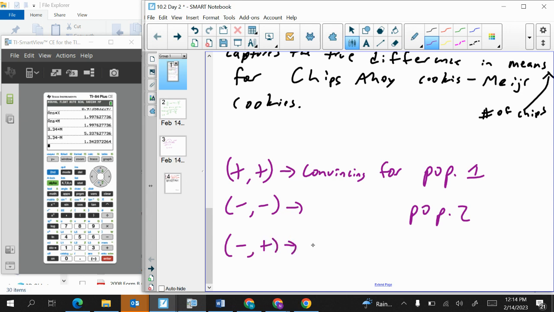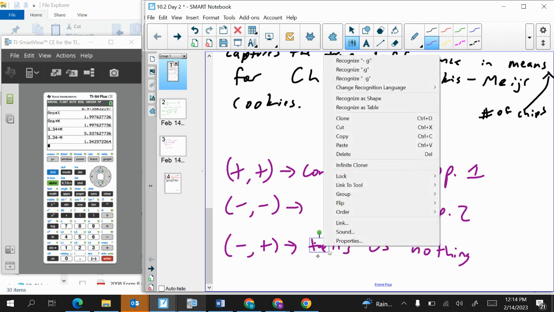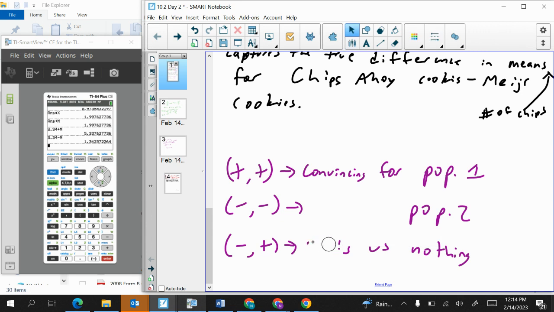And minus plus tells us nothing, or is not convincing, because it could be either one.